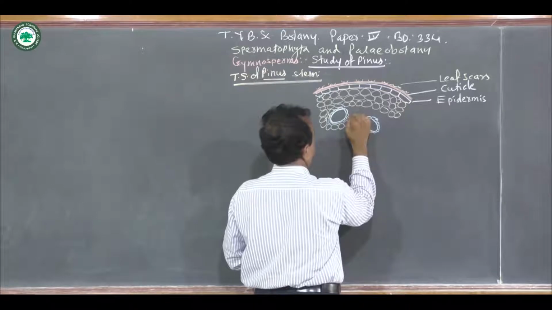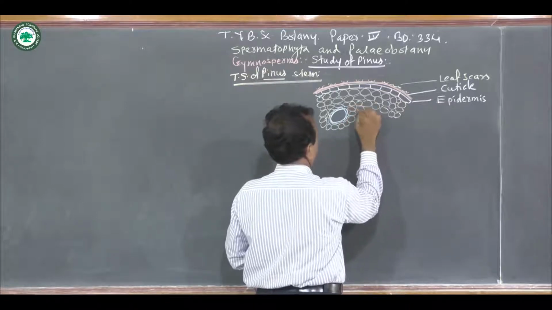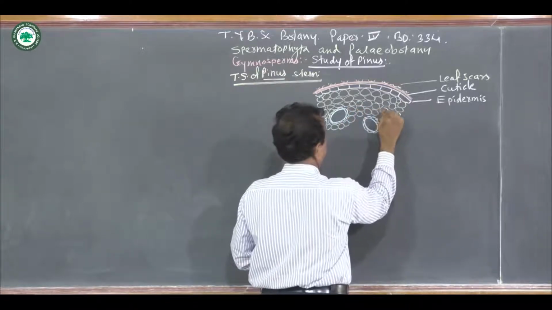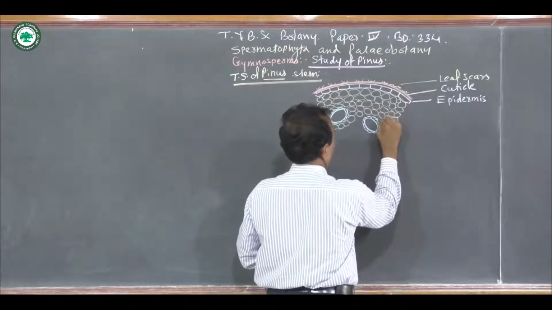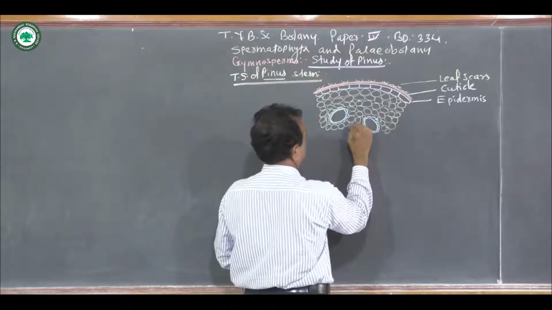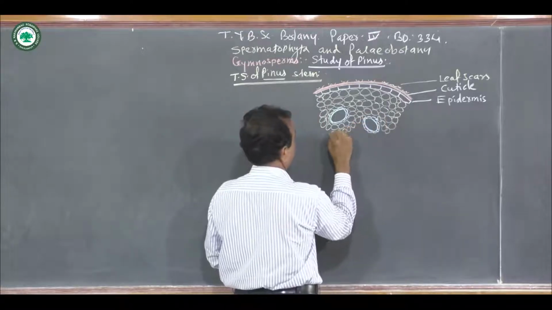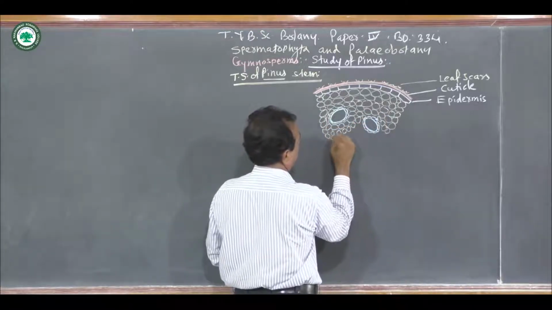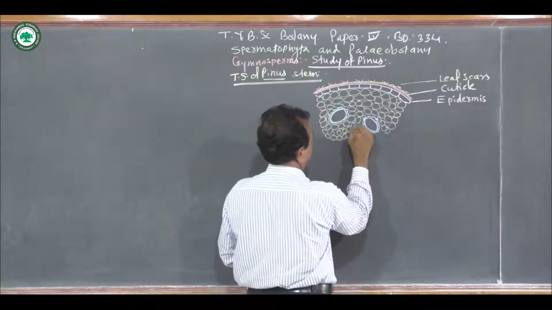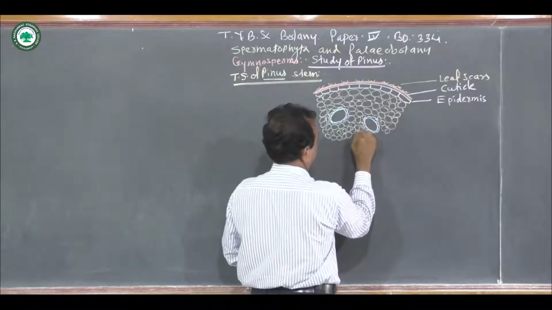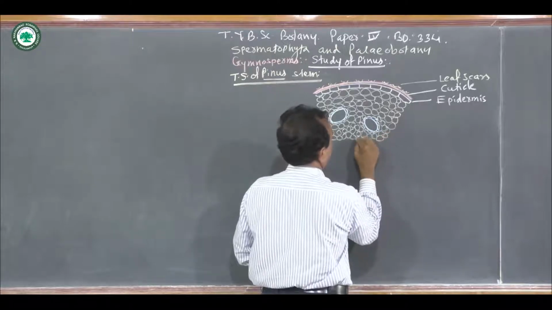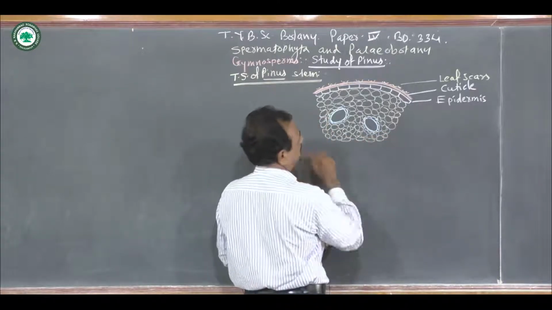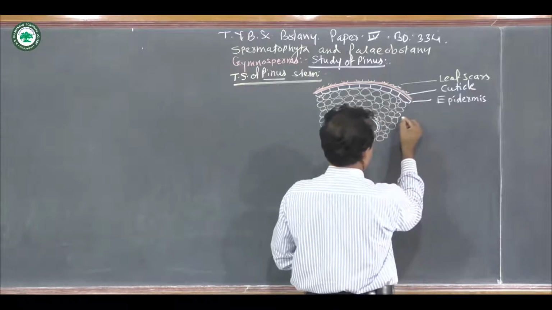The cortex is made up of parenchymatous cells. These cells are thin-walled and loosely arranged with intercellular spaces. So we can observe many intercellular spaces in the cortical region. So this is the cortex, and it is multi-layered.